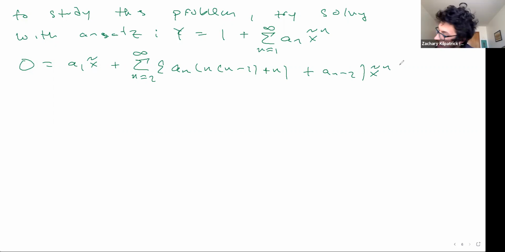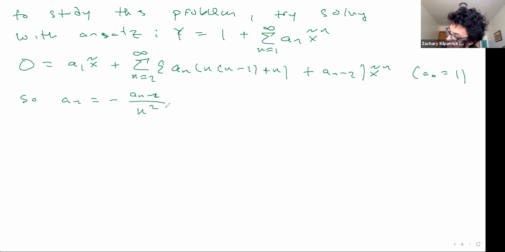And of course, we have the assumption that a0 equals 1. So this means that a_n is equal to minus a_{n-2} over n squared, in order to zero out all of these coefficients. I need this coefficient to be 0, and so if I write down this is equal to 0 and rearrange things a bit, I get this equation here. And we also have that a1 should equal 0.